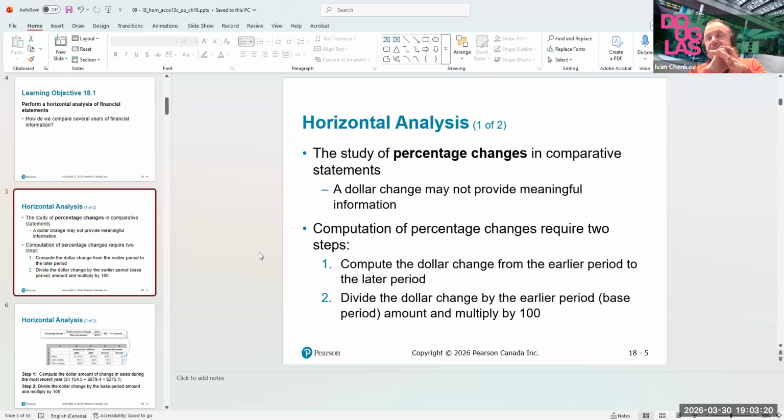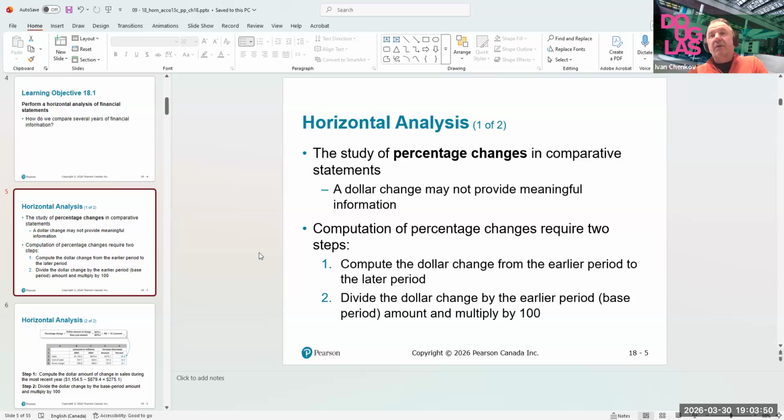Now, what we're going to do is put the information presented in the same way, in the same categories, on the income statement and the balance sheet, and we start comparing year to year. We're going to choose 1 year to be our base year, and then start comparing every other year to that base year.